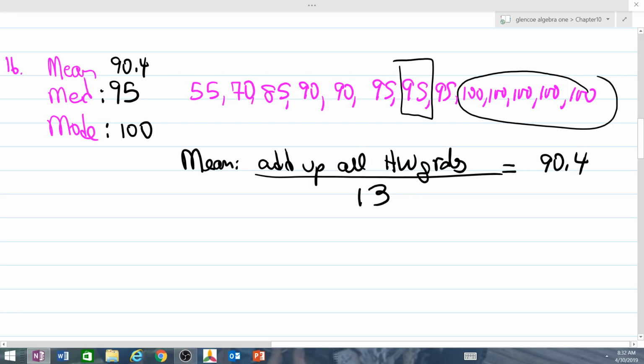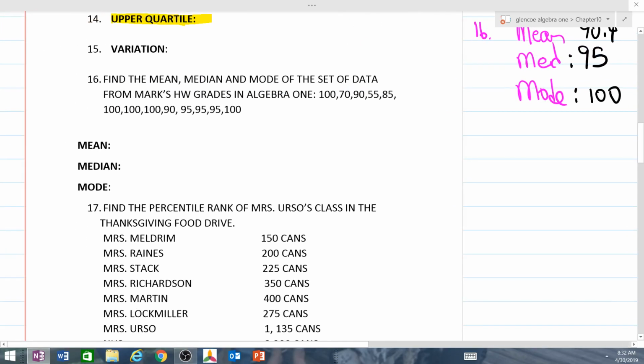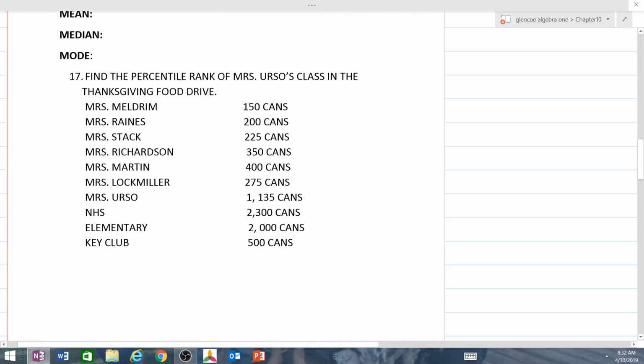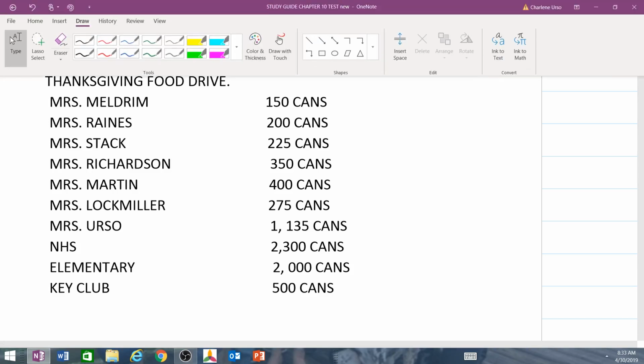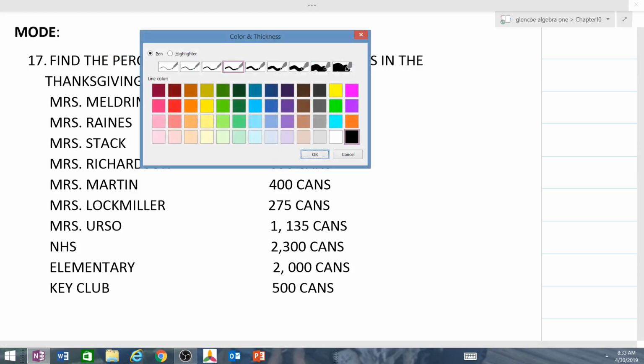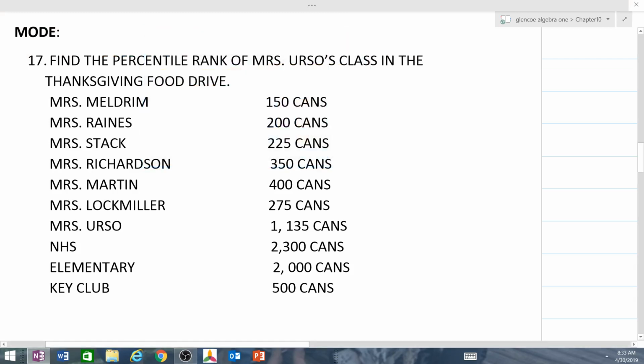Okay, our next problem is going to be percentile ranking. Find the percentile rank of Mrs. Urso's class in the Thanksgiving food drive. And here are some other teachers who participated in the drives and how many cans they brought in. So the first thing I'm going to do is highlight who I'm looking for, and then look for all the numbers that are going to be below Mrs. Urso.